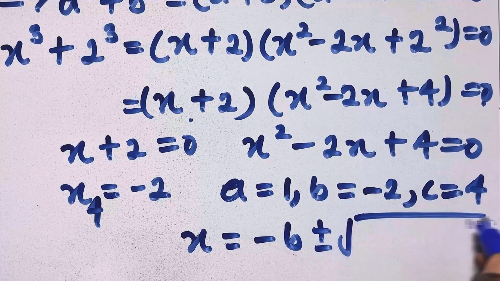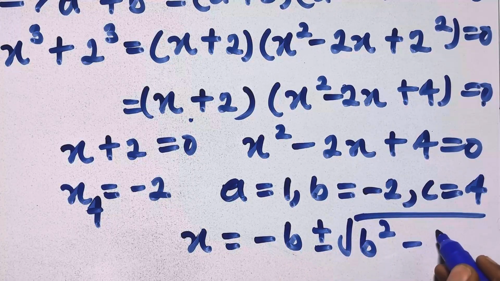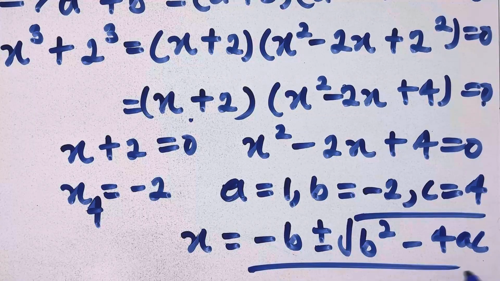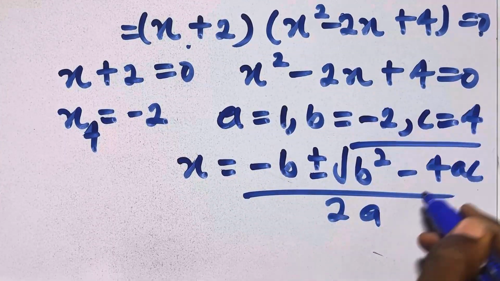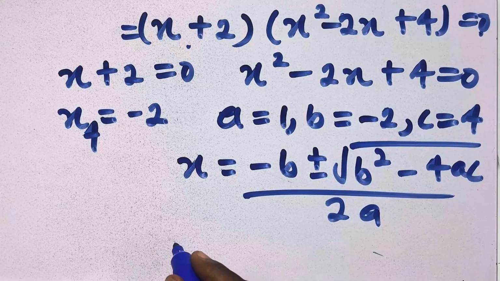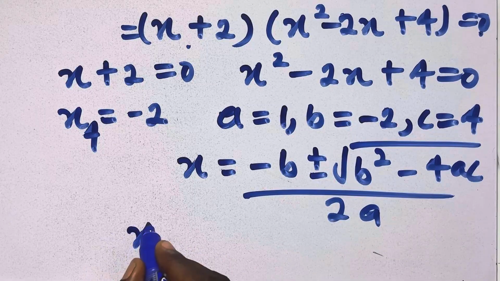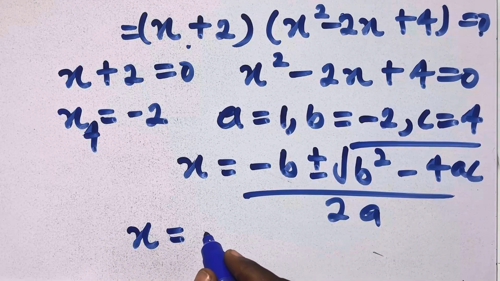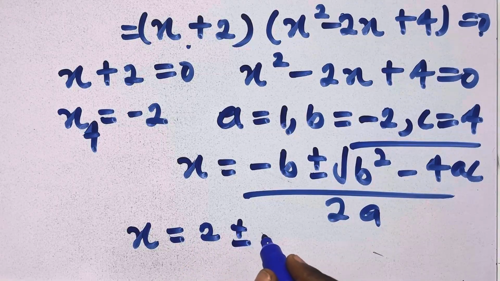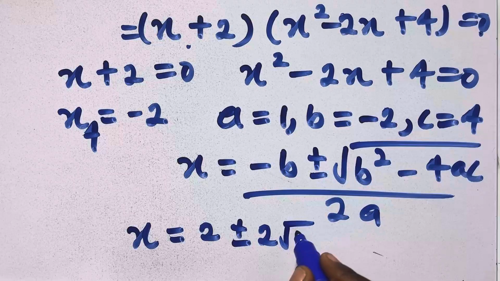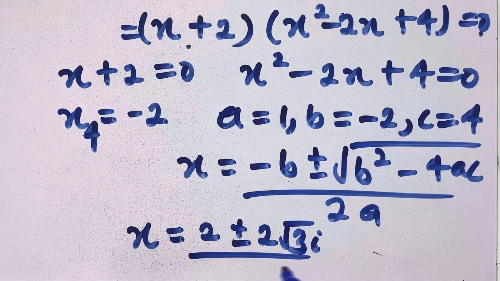If you substitute that into the quadratic formula, given by minus b plus or minus the square root of b squared minus 4ac, divided by 2a, the answer you are going to get will be x equals 2 plus or minus 2 root 3i divided by 2.